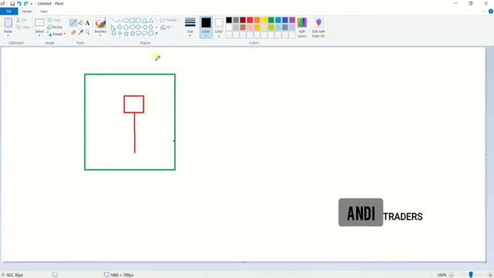So this is the red hammer candle, and it is also true for the green hammer candle. Okay, now let me show you the green hammer. As you can see here, we have a green hammer. The buyers are here and the sellers are here.